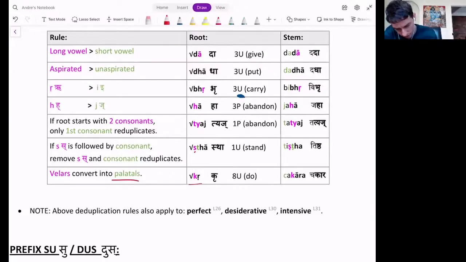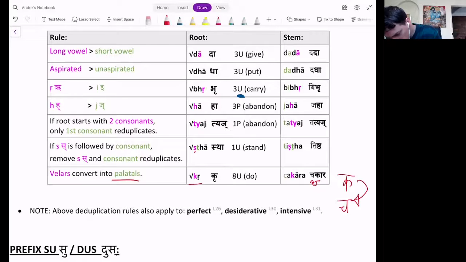And then velars convert into palatals. What does this mean? If you look at your letters, you've got velars, ka, kha, ga, gha, na, and then palatals right underneath in the second row, cha, chha. So from ka into cha; if you've got ka, right underneath is cha.